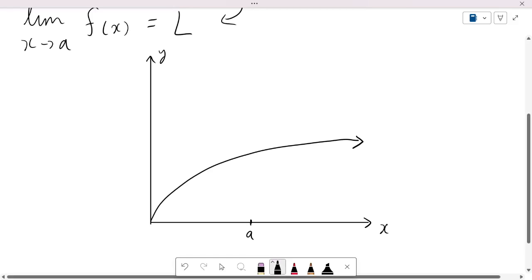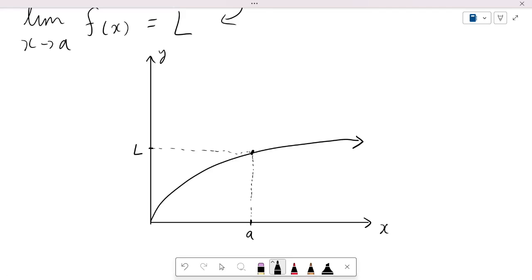And then we are going to lead it all the way towards when it actually touches the function. So it's a vertical line all the way to that function point, to the coordinate on this function. And then the output value would be somewhere here, which would be L over here. Okay. It's not the straightest line, but it doesn't matter. I'm just trying to explain what we do in the precise definition over here.